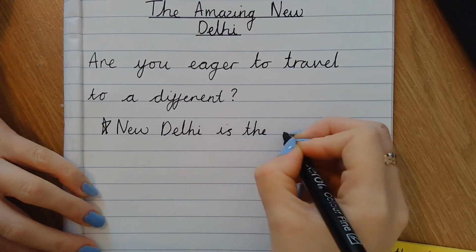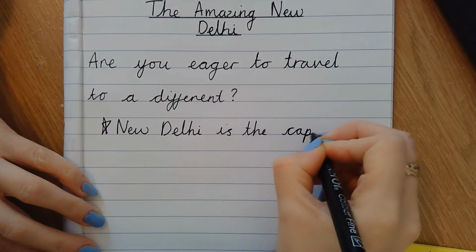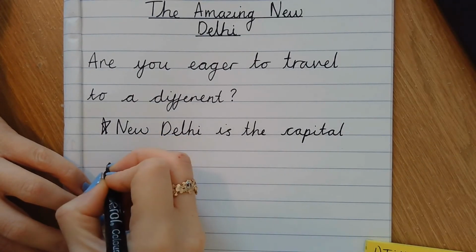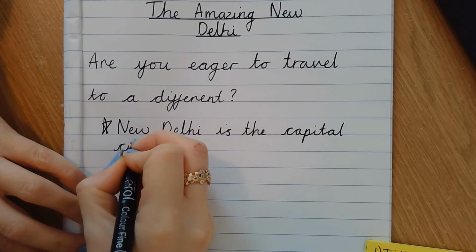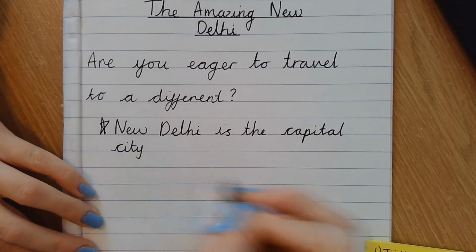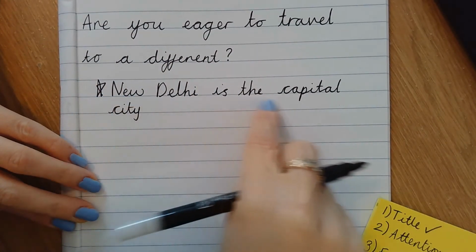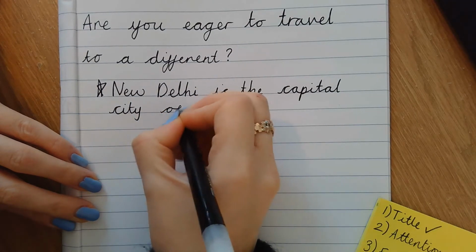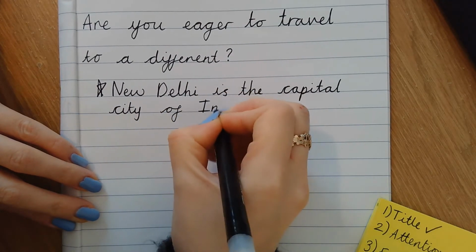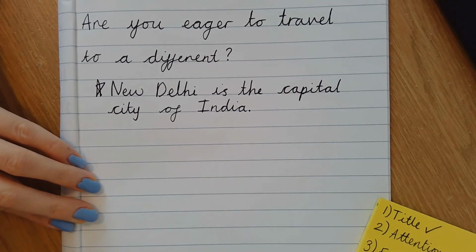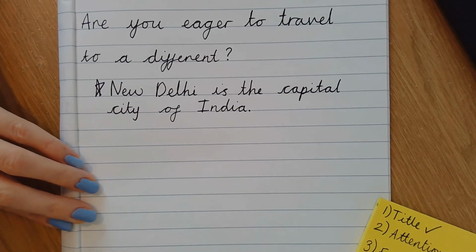Now I'm not going to leave a line with these just because I have space on my whole page. New Delhi is the capital city of India. Capital letter for India. Full stop. I'm still writing in full sentences. And I'm going to say as well, the Yamuna River runs through the city.